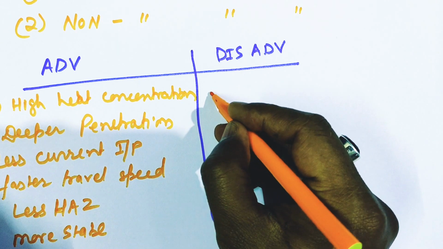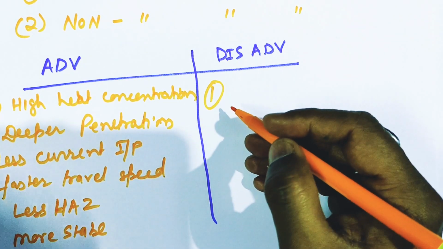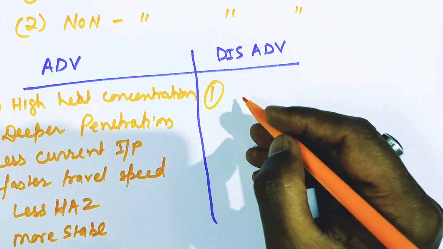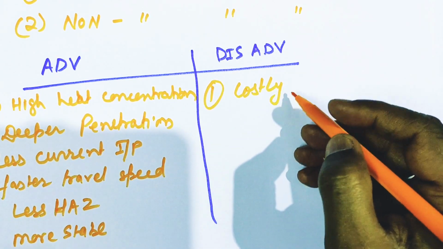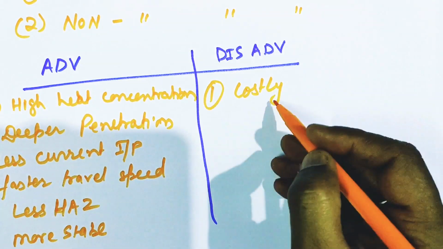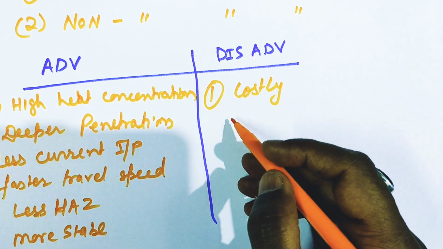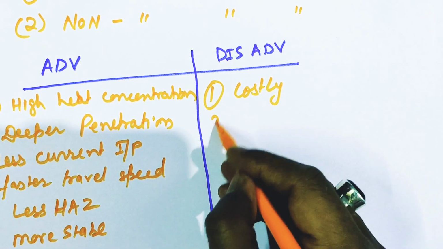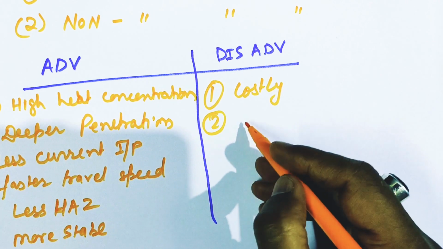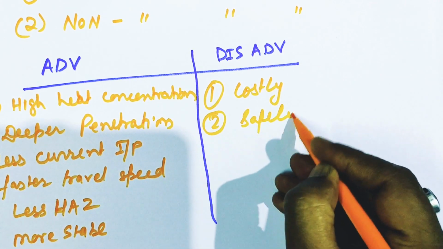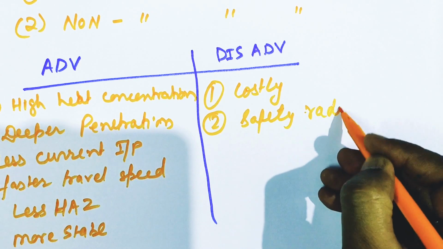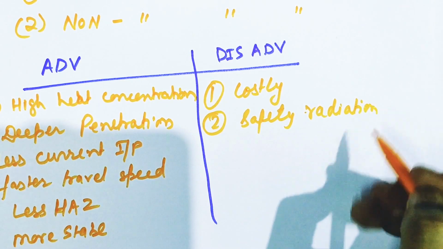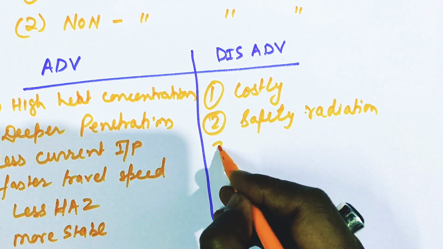Now we'll talk about the disadvantages. Its first disadvantage is costly equipment. The equipment is very costly, hence the startup cost is very high. The second disadvantage is safety. Plasma arc welding produces some harmful radiations, hence safety concerns are always there.